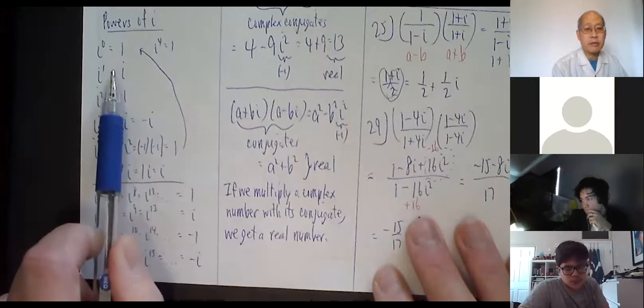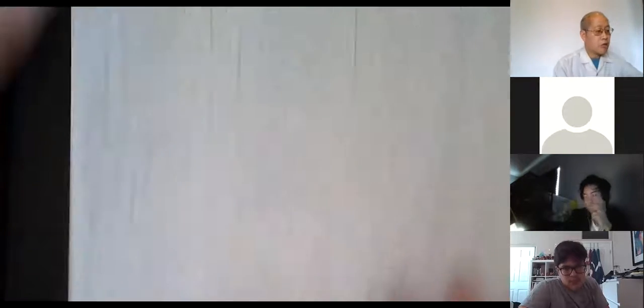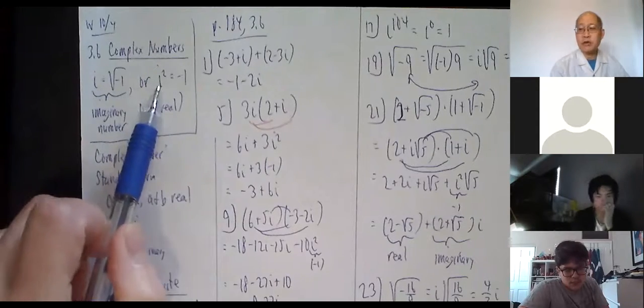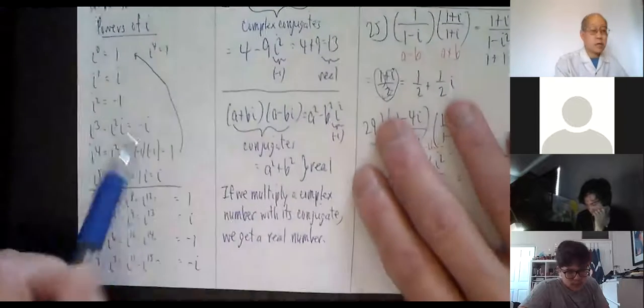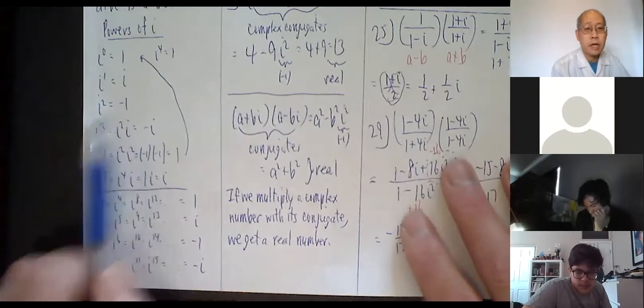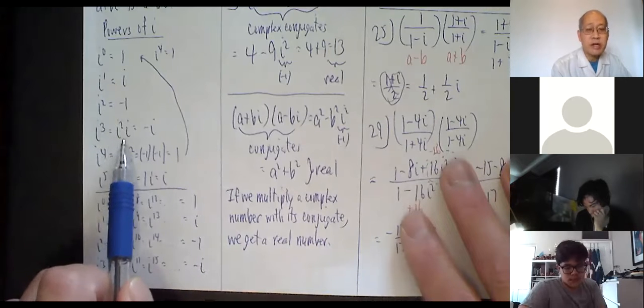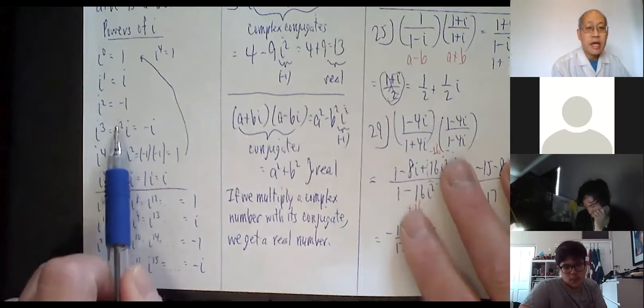Then after that, it gets a little bit more interesting. How about i squared? We already made a definition of i squared to be -1. i cubed, I can write as i squared times i, and I already know that i squared is -1.